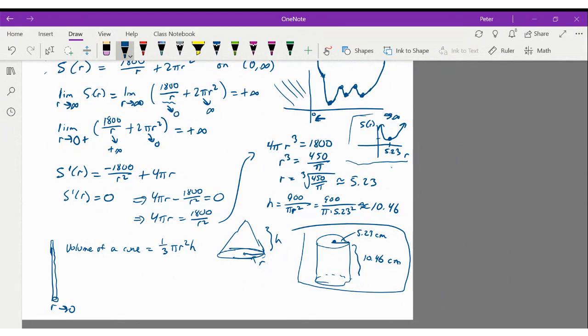And if I let r approach infinity, then I get the opposite. I get just a very short and wide can. So even though it has very little surface area on the sides, it's got these huge circles. So there is no maximum amount of surface area for this arrangement.